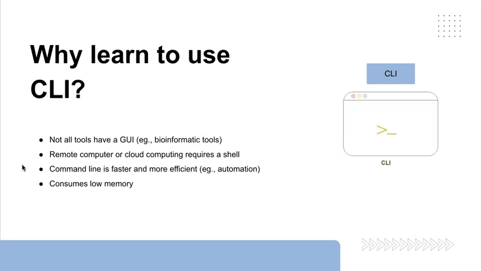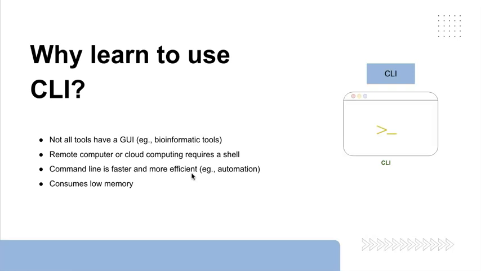Command line also is nice to use once you get comfortable with it because it's actually faster and more efficient. It's easy to do automation. You can run parallel scripts. So imagine if you have a data set that has, let's say, 100 different samples, you can run them in parallel rather than one at a time by being able to write that shell script to automate it.